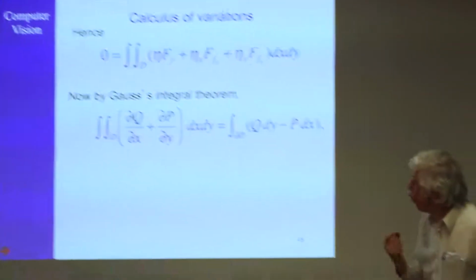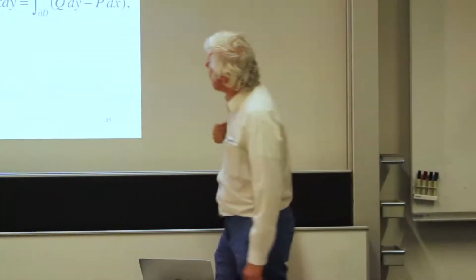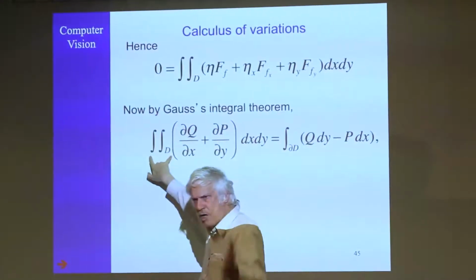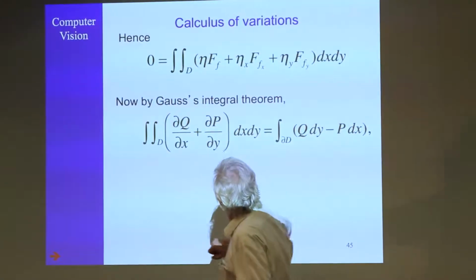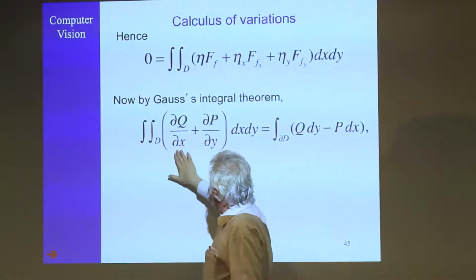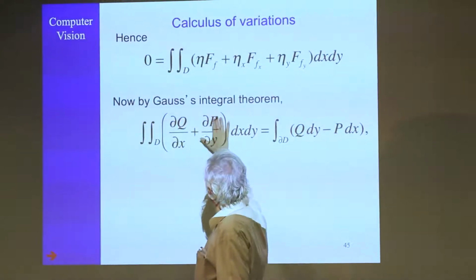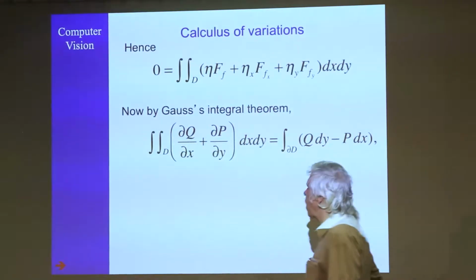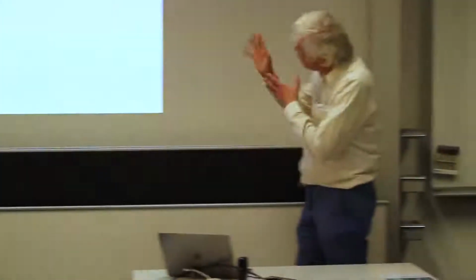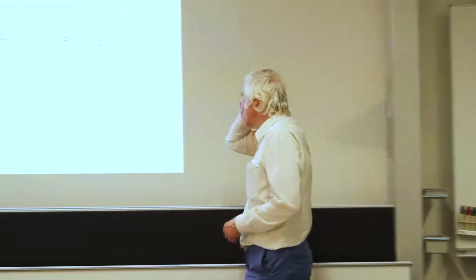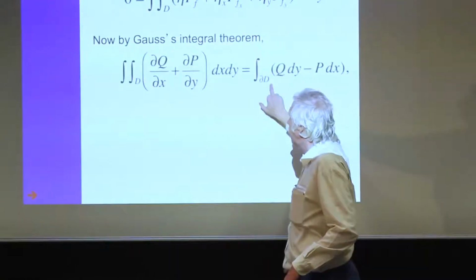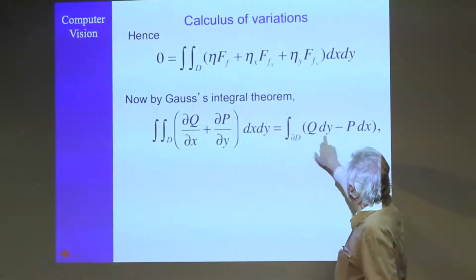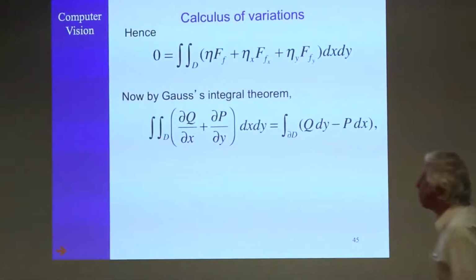So what does Gauss's integral theorem say? Here we have an integration over a domain, so a two-dimensional domain, an area. We have a function q derived with respect to x, added to the function p derived with respect to y, and we have integration over the entire area. Well, the value of that integral amounts to the value of a contour integral along the boundary of that domain D, we have q dy minus p dx.